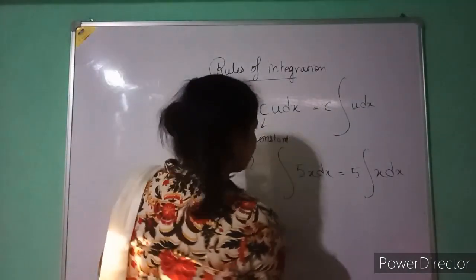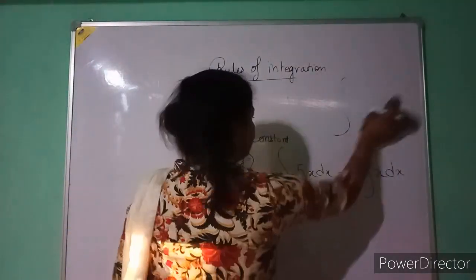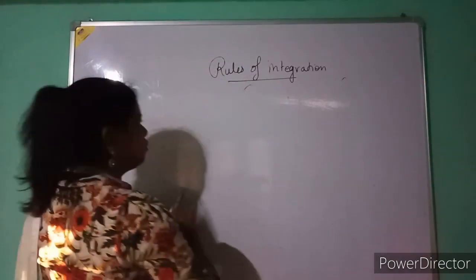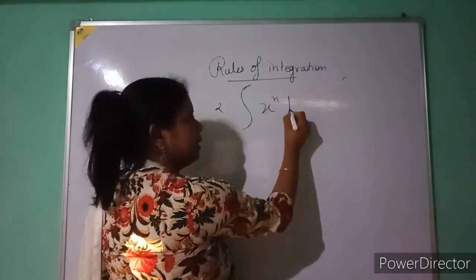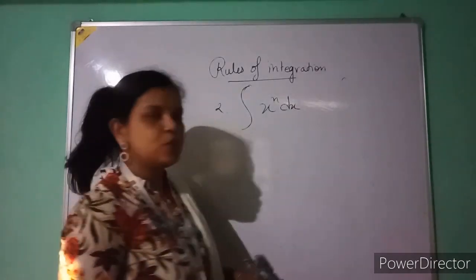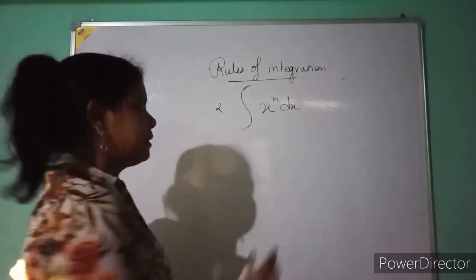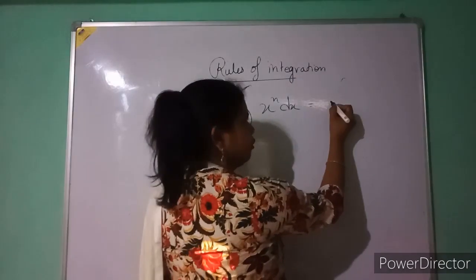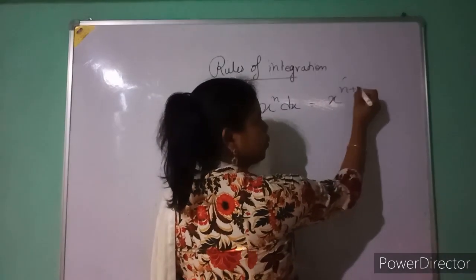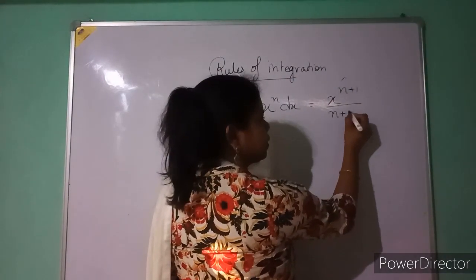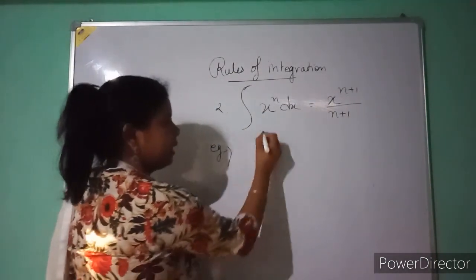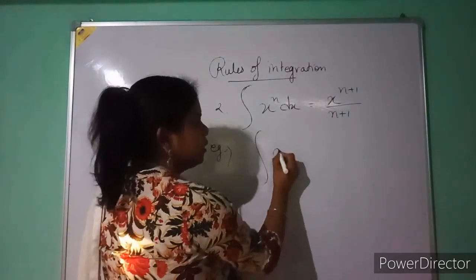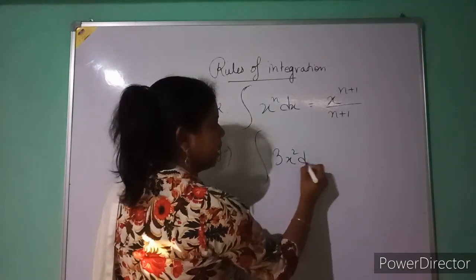So let's move to the number 2 concept. Number 2, I will write integration of x to the power n dx. Suppose we have a rule like this. n is any number, then it will be x to the power n plus 1 divided by n plus 1. Example: suppose I have written integration of 3x square dx.